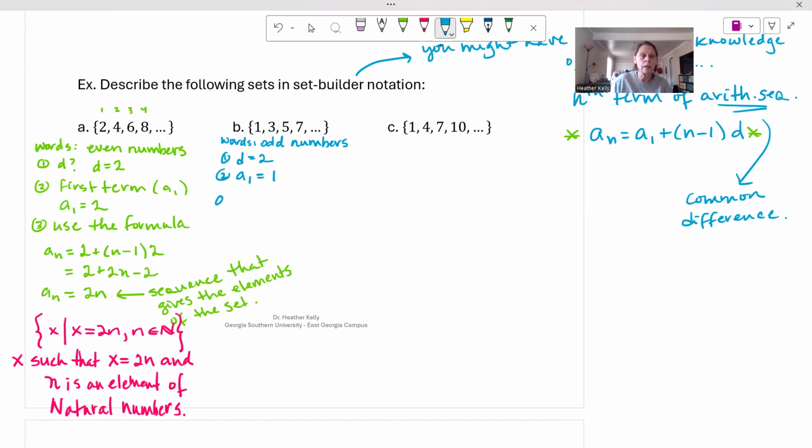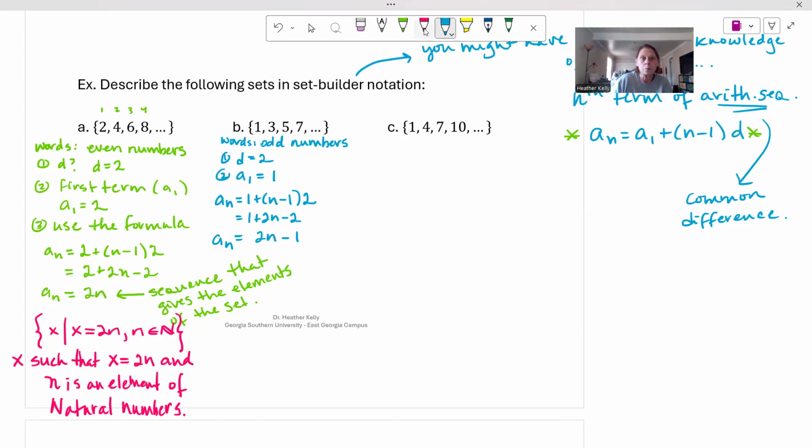So let's do it. A sub n is equal to 1 plus n minus 1 times 2. So that's 1 plus 2n minus 2. So we get 2n minus 1. This is the sequence that will give you odd numbers. It just always does.